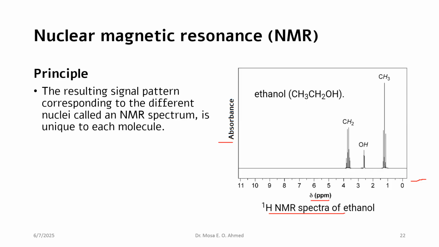In the spectrum, we have unique signals at specified chemical shifts according to the nature of the compound. And each signal may consist of one or more peaks according to the number of hydrogens or protons present in the molecule.